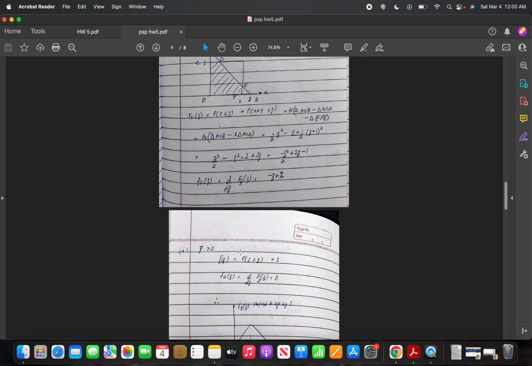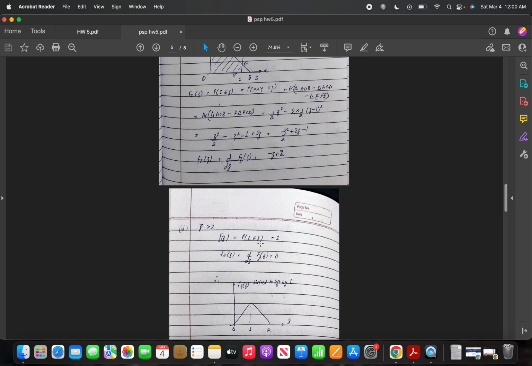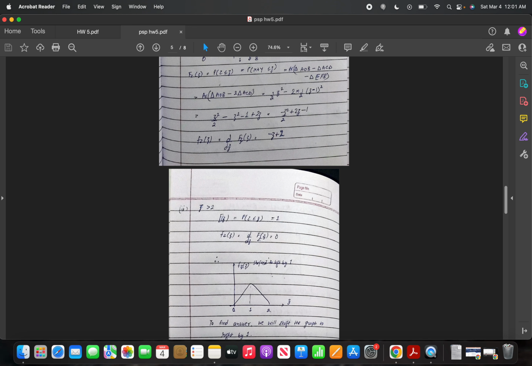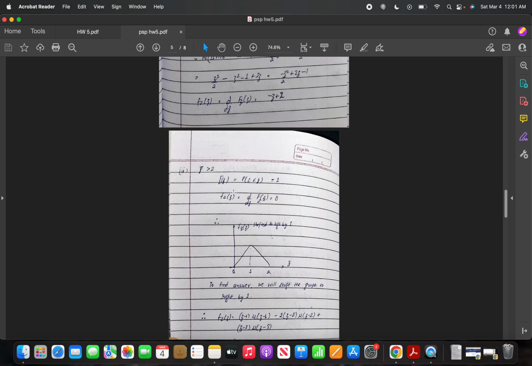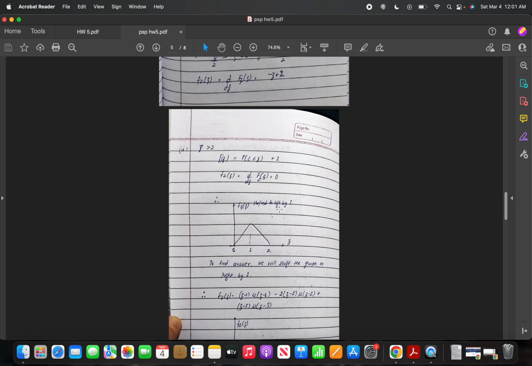Now considering the third case where Z is greater than 2, in that case we know that since the probability density function sums up to 1, the CDF will be equal to 1 for Z greater than 2, and the PDF can be calculated by differentiating CDF with respect to Z, which will be equal to 0.